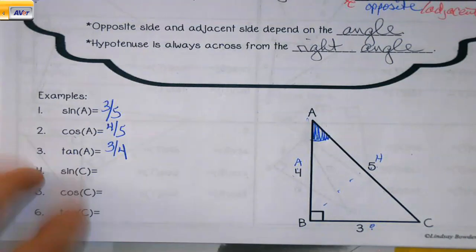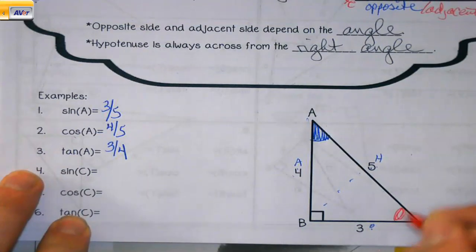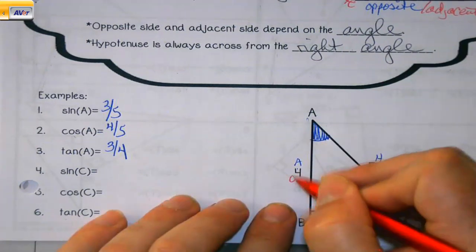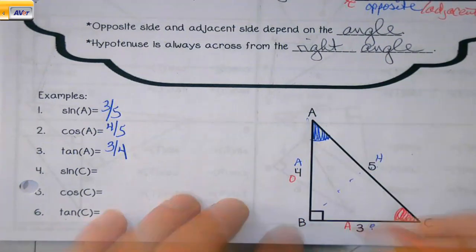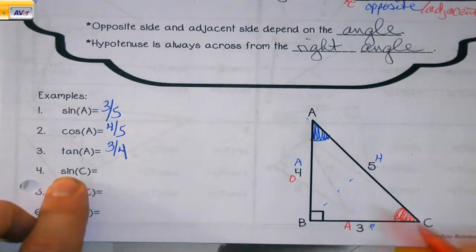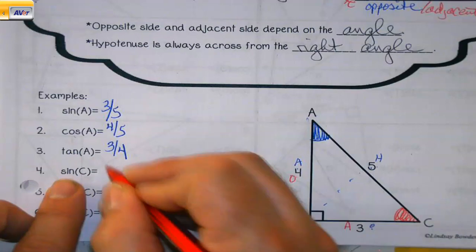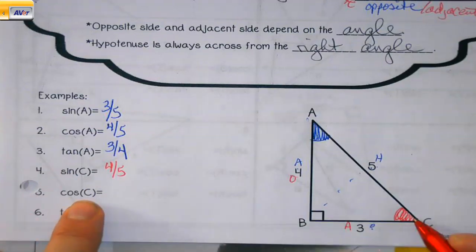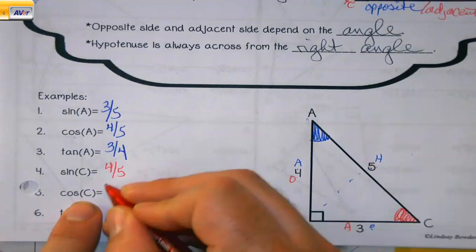However, if the angle moves, so does my opposite and adjacent. But the trig functions don't. Sine is opposite over hypotenuse. Cosine is adjacent over hypotenuse.